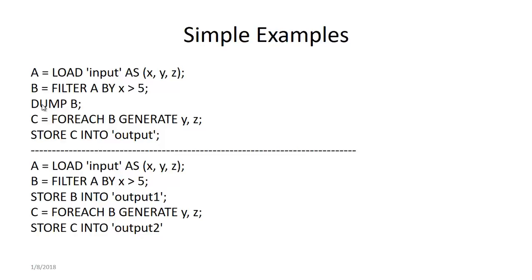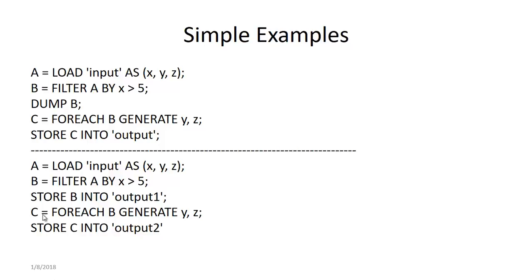Though we have performed the action, relation A and relation B will still be in memory, stored as a DAG, a directed acyclic graph. Then in this relation, we are generating only YZ from relation B, and finally we are storing the output of C into the output folder in the HDFS.